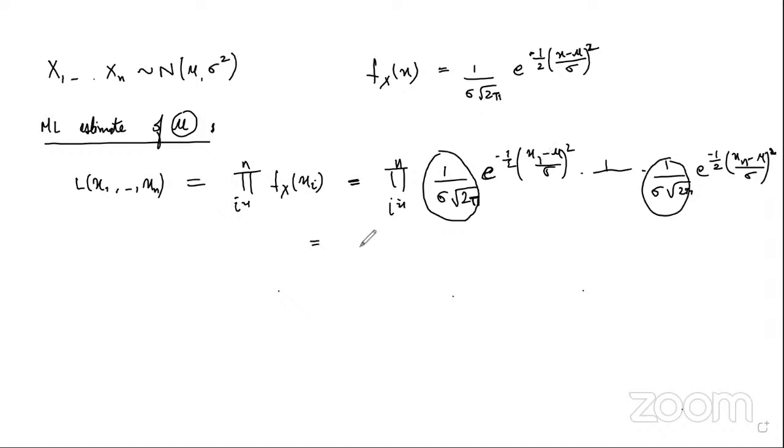So you can directly write (1 upon sigma under root 2 pi) to the power n, times e to the power minus 1 upon 2 sigma square, sum of (xi minus mu) whole square, where i is varying from 1 to n.